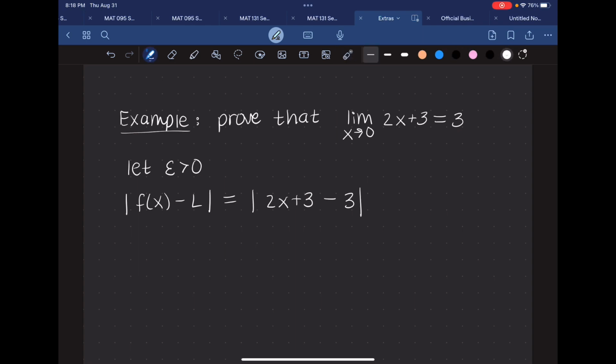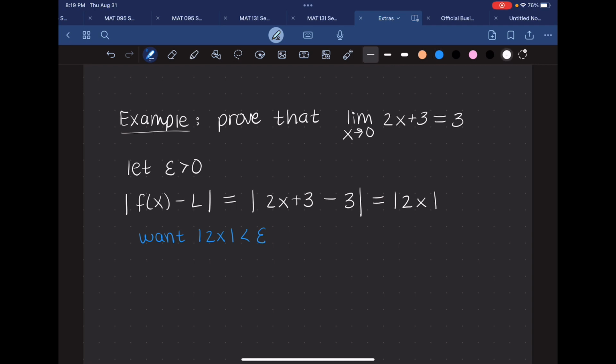So I can simplify this, and I get that this is equal to the absolute value of 2x. And I want to squeeze this less than epsilon. So we want the absolute value of 2x to be less than epsilon.